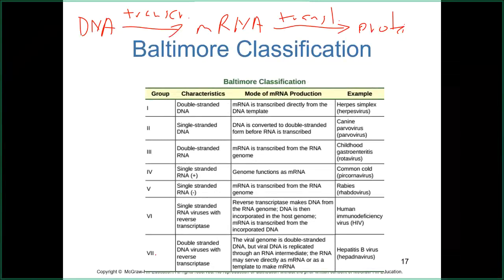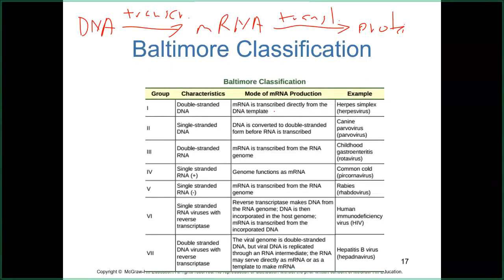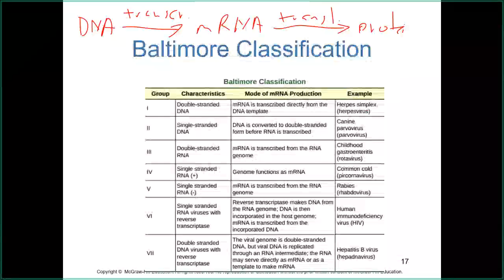These Roman numerals 1 through 7 over here correspond to the different groups of viruses that are recognized. And you can see the first 2 groups are DNA viruses. Group 1 is double-stranded DNA. And the DNA is transcribed into messenger RNA. Then that's used to make protein. So that's kind of what happens.